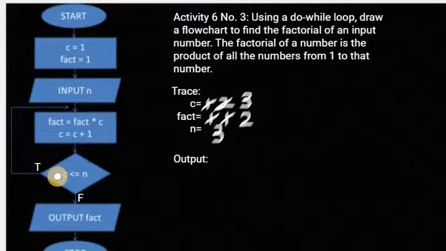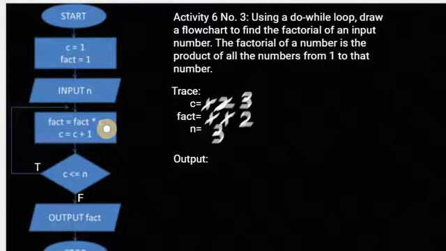Then back to the condition. The value of C is now 3, and the value of N is 3. So that's 3 less than or equal to 3. That's true. So we're going back again, just following the direction of the arrow. We're going to calculate again this formula. So fact times C, that's 2 times the value of C, 3.